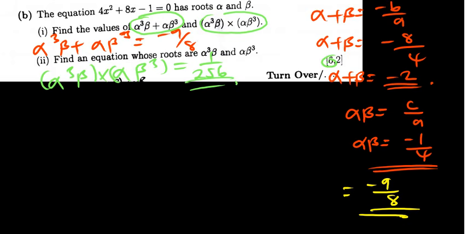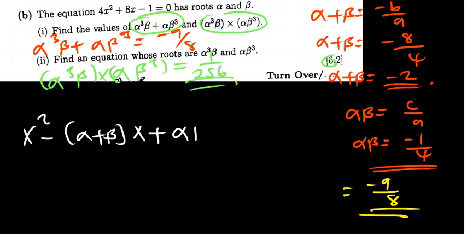So the equation with given roots is given by this formula: x squared minus (alpha plus beta) x plus alpha times beta, whose roots are alpha to the power 3 beta and alpha beta to the power 3. They're asking you to find this and also that.